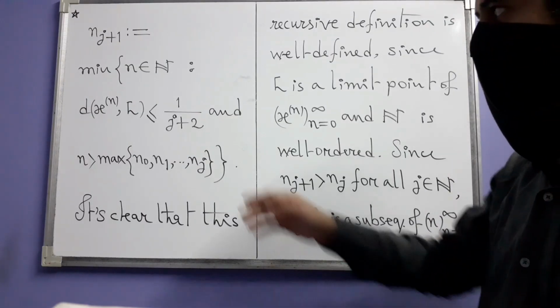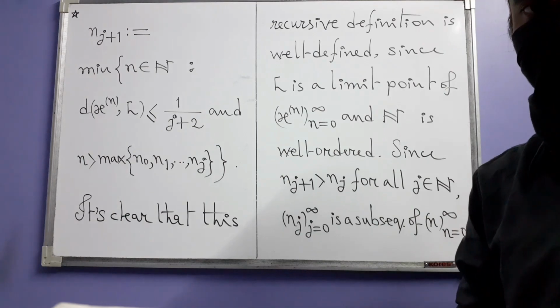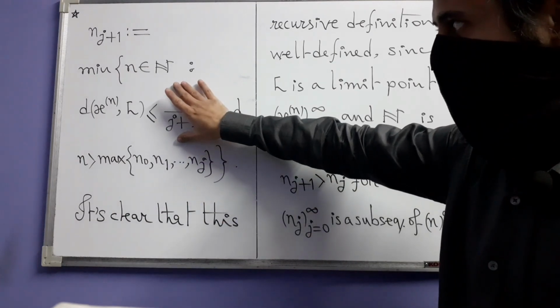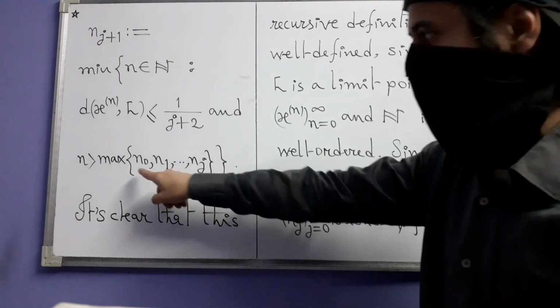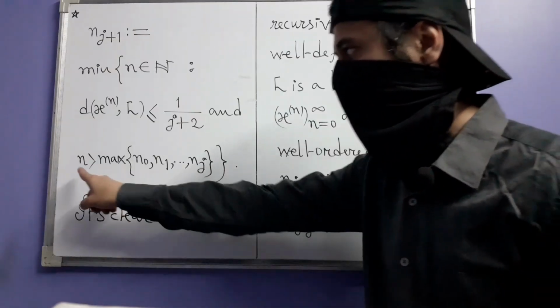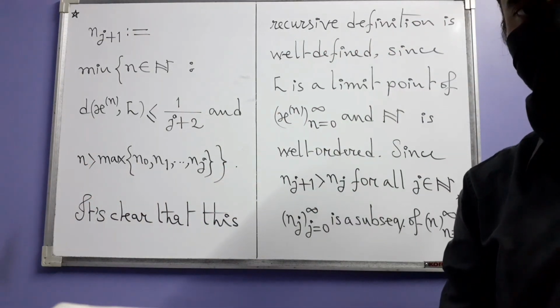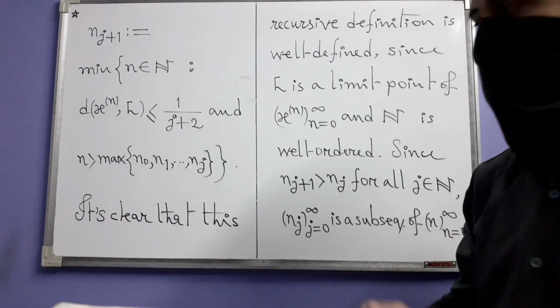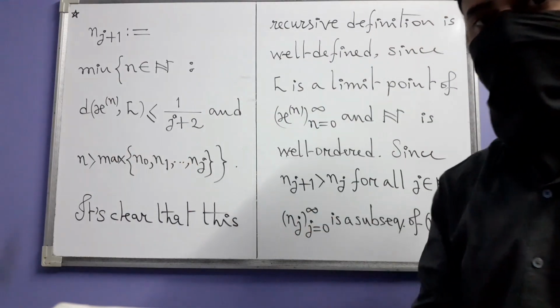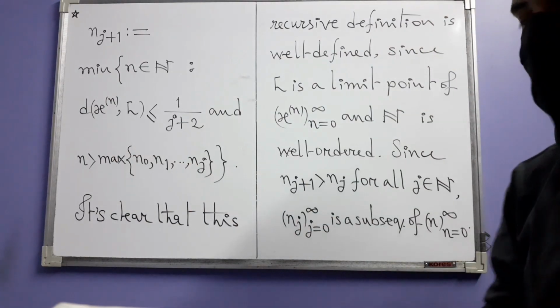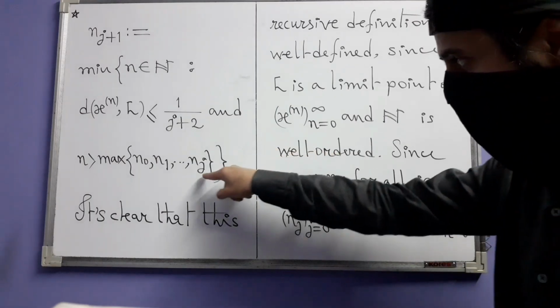So that means it needs to satisfy these conditions. You forget about this first inequality for a moment and see the second one. Nj plus 1 has to be greater than the maximum of all these things. So, in particular, it's greater than each one of them, and that is why in particular it is also greater than nj.